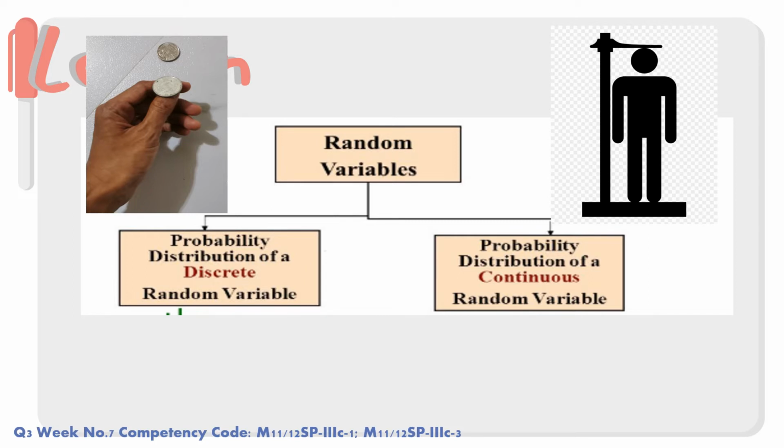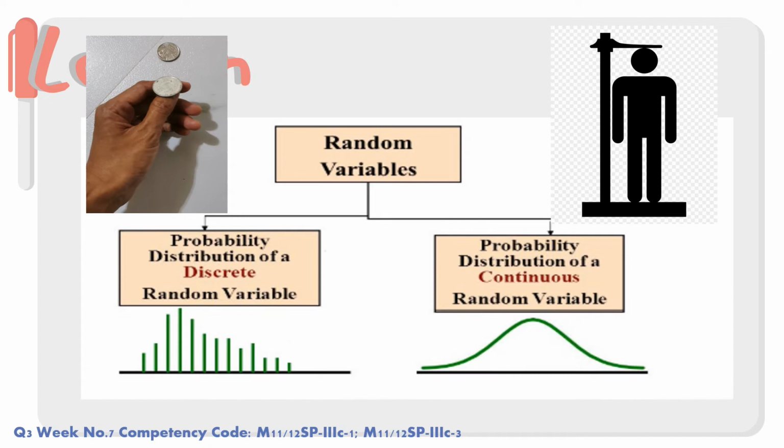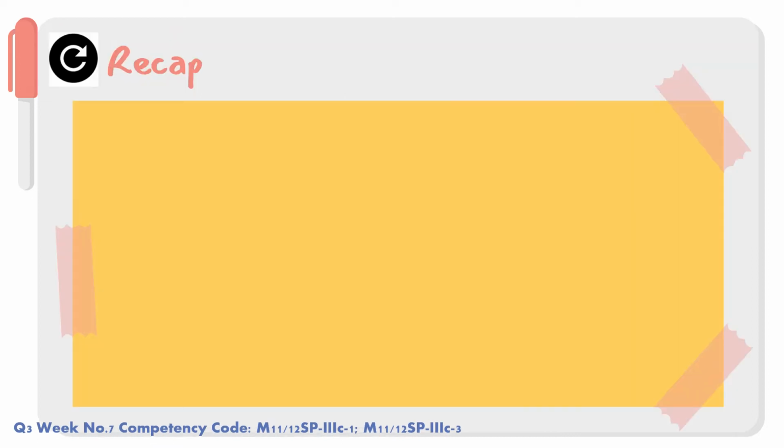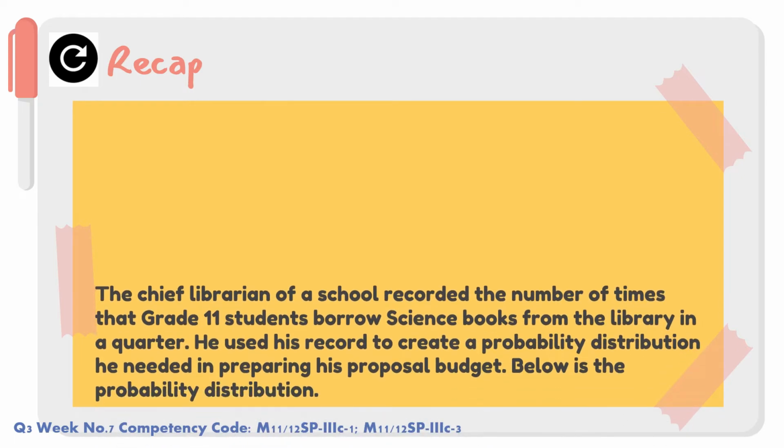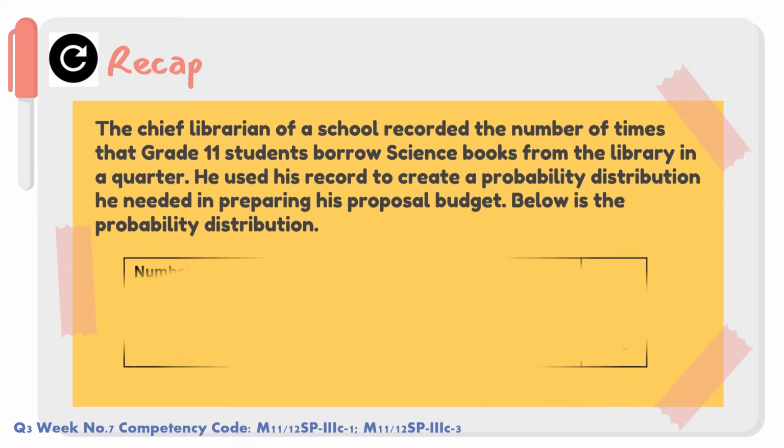Remember, discrete is for counting and continuous is for measuring. And these are the graphical representations of discrete random variable and continuous random variable. In Module 6, you learned on how to solve for the mean, variance, and standard deviation of probability distribution of continuous random variable. Let us answer the recap on your module.